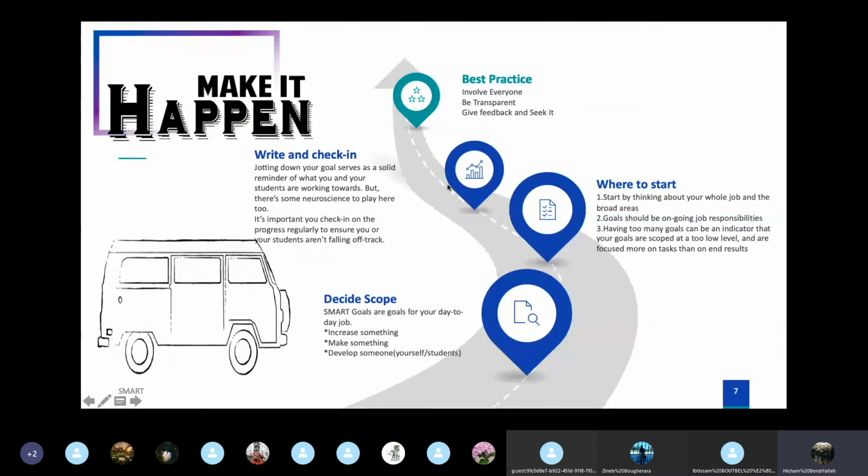And later on, it takes you to where you want to start, so the start point and the end point. Most teachers, and I myself used to experience this: when I wanted to set a goal, I started from the middle, I started from the end, I didn't have a plan. So the starting point and end point are very important tasks in setting an objective, setting a goal. We need to start by thinking of the whole job as a broad plan, a broad area.